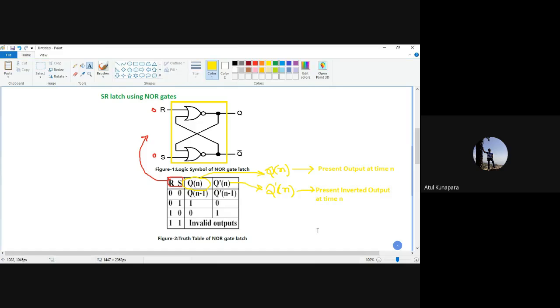Ultimately, this is what we are going to write down here. It is the present output condition only when we put the n in brackets.